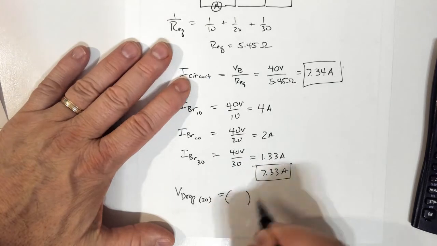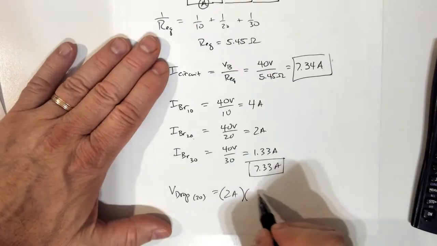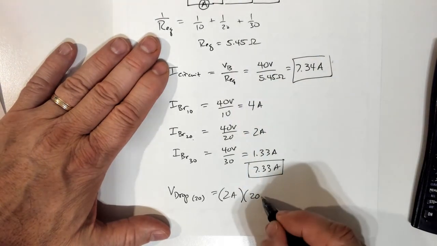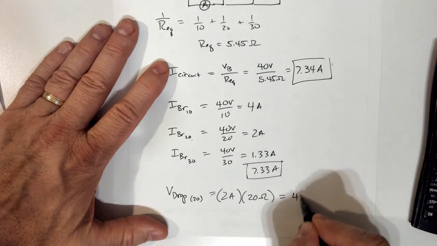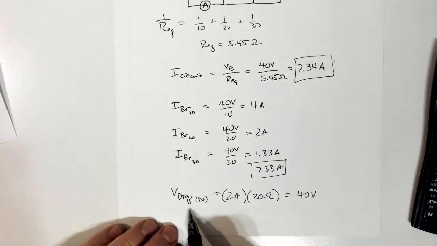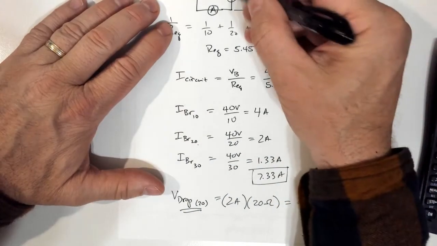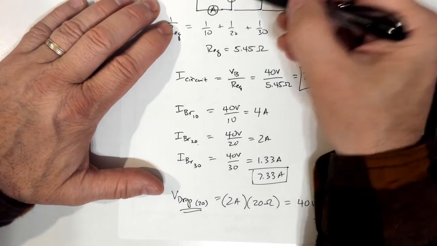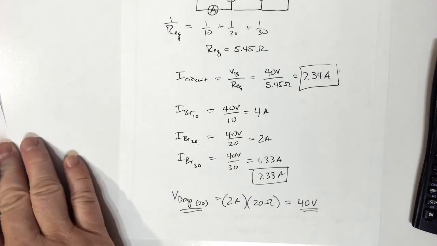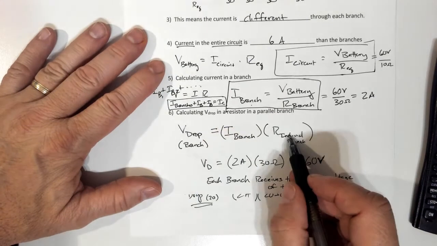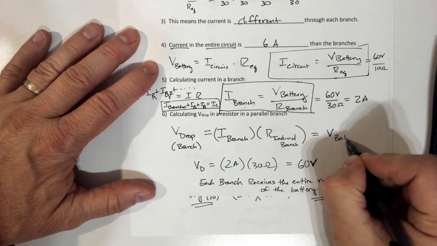So in the 20 branch, it is 2 amps, and the individual resistor is 20 ohms, and 2 times 20 is 40 volts. So you end up getting the voltage drop. Since each one is individually attached to the battery, all three of them will always give you the same answer as the battery. So the voltage drop in a parallel will basically equal the V of the battery.